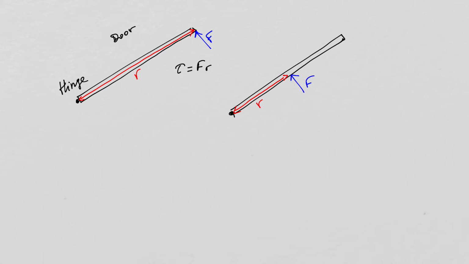In this case, the torque is different. The torque, let's call it tau prime, will be equal to the product of the force and the distance, which we'll call r prime. Since the new distance from the axis of rotation to where the force was applied is half the original distance, this torque will be 1/2 of the original torque.